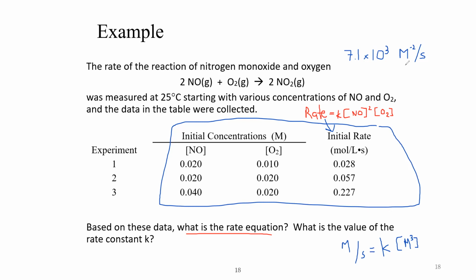So with the rate constant itself, the units are a little weird, just because we're going to have molarity raised to some negative power divided by seconds. Unless it's a zero order reaction, then we would just have molarity per second, just because there'd be no concentration piece of it.